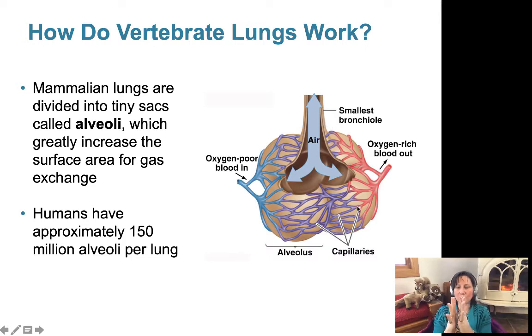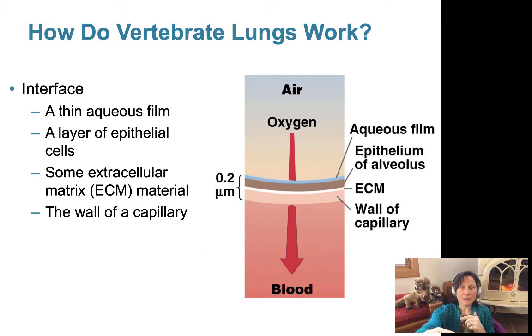There's only really one cell layer. It's a little bit more complicated than that, but you have the one cell membrane of the alveolus and then the one cell of the capillary with a little bit of space between. Let's look at that in a little bit more detail. Here's the alveoli, and air is coming in.